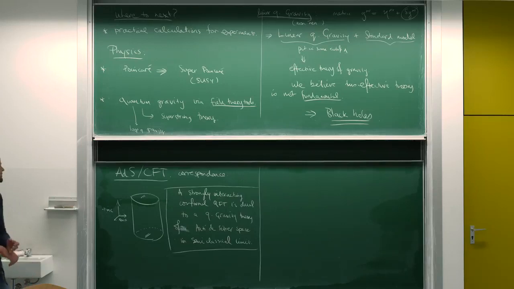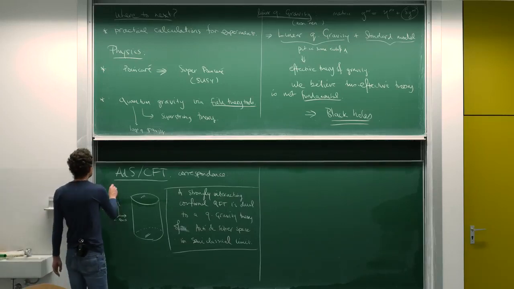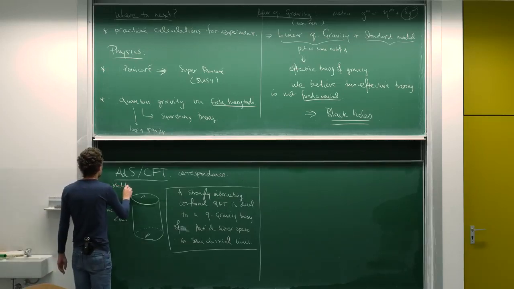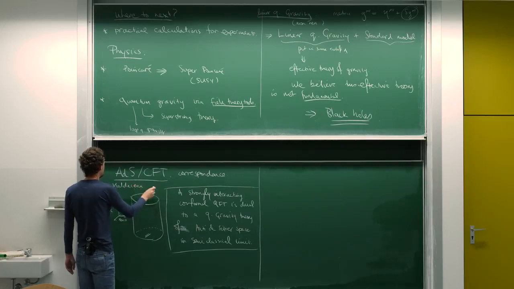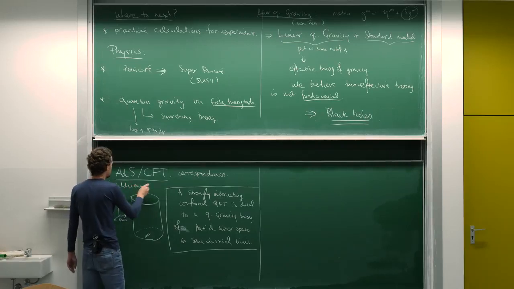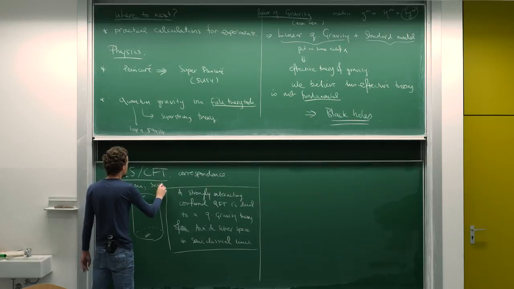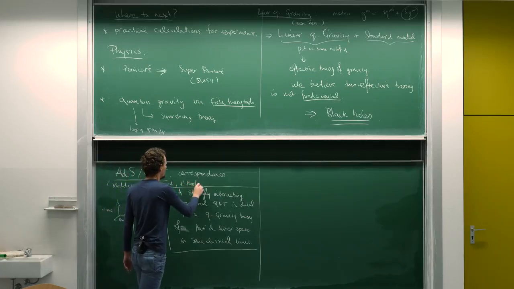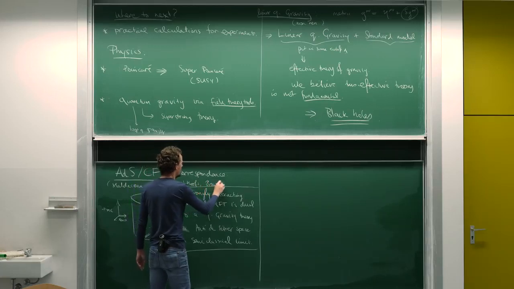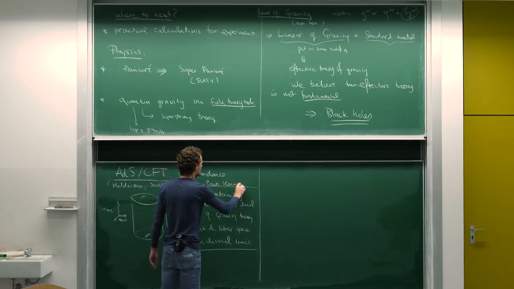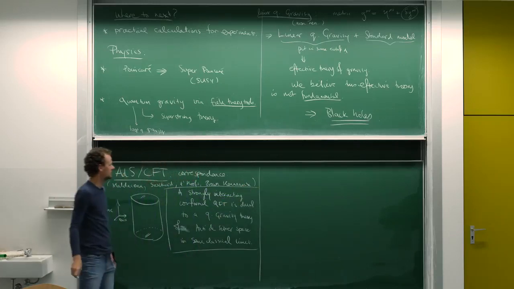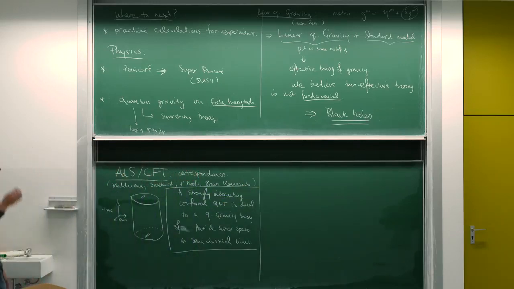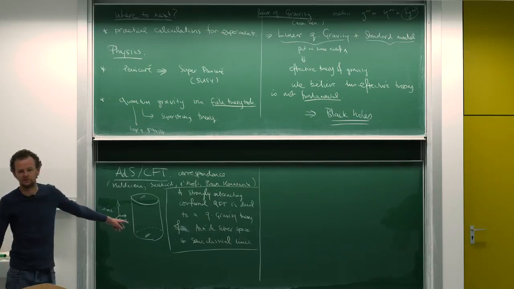The ADS-CFT correspondence of Maldacena, most beautifully captured by Maldacena, but also dating back to ideas of Susskind and Brown and Moe, tells us that a strongly interacting conformal quantum field theory is dual to a quantum gravity theory of anti-de Sitter space in the semi-classical limit.